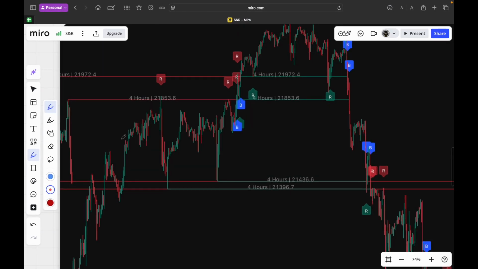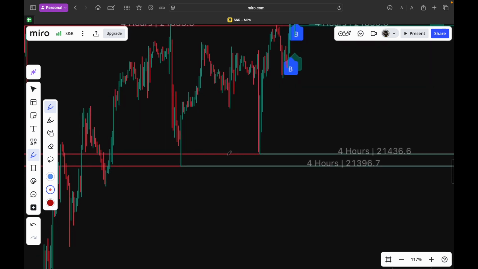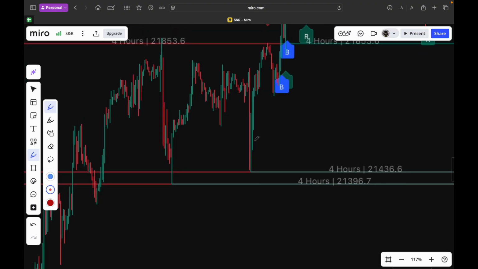Here's another example. So you can see as soon as support and resistance changes, like resistance turns into support and support turns into resistance, this same line will literally change color. Like here you can see from the red to the green, from the red to the green.